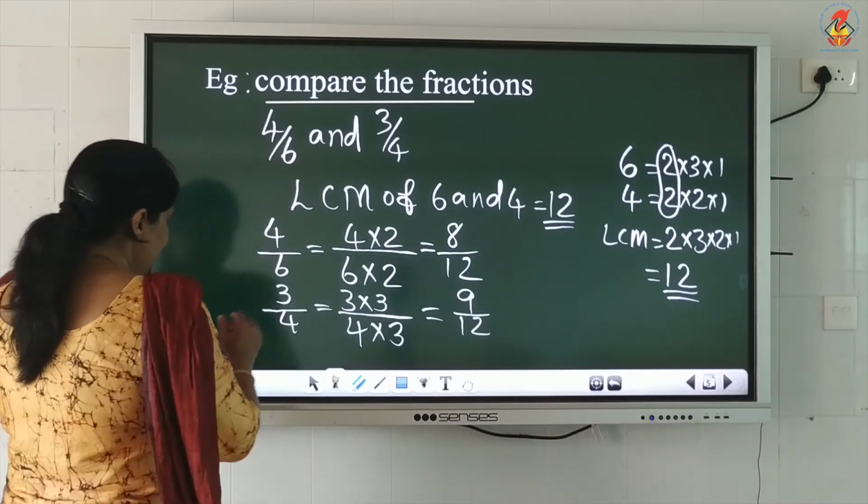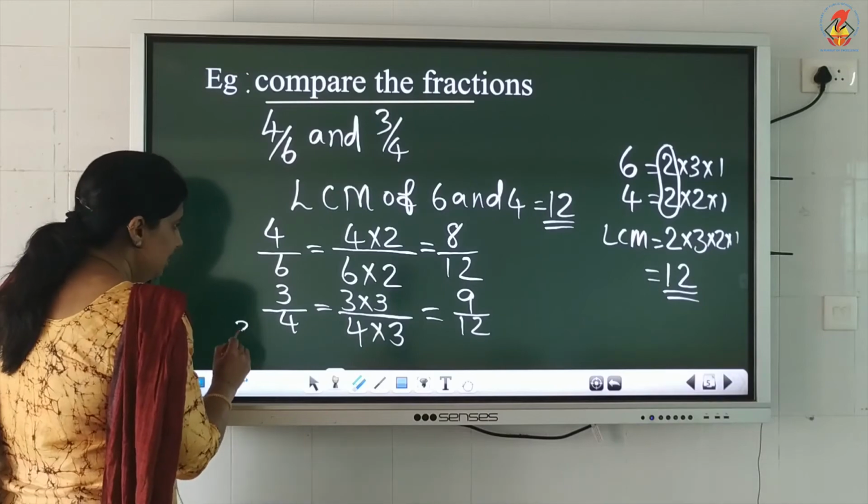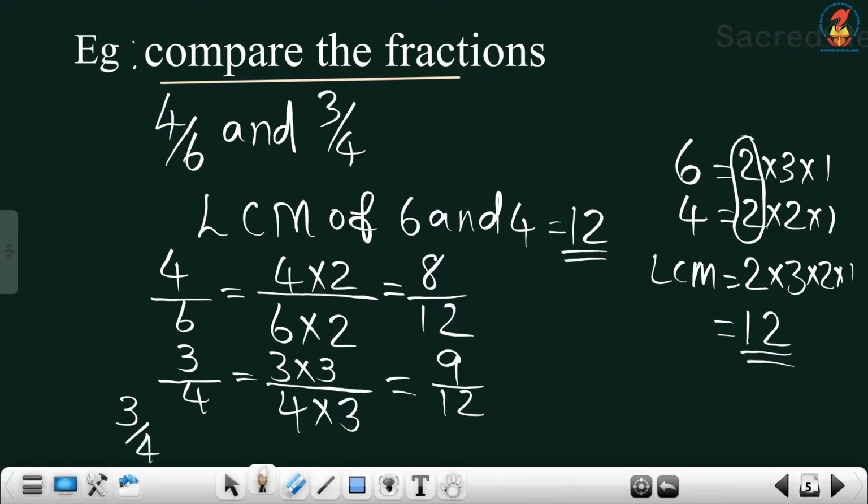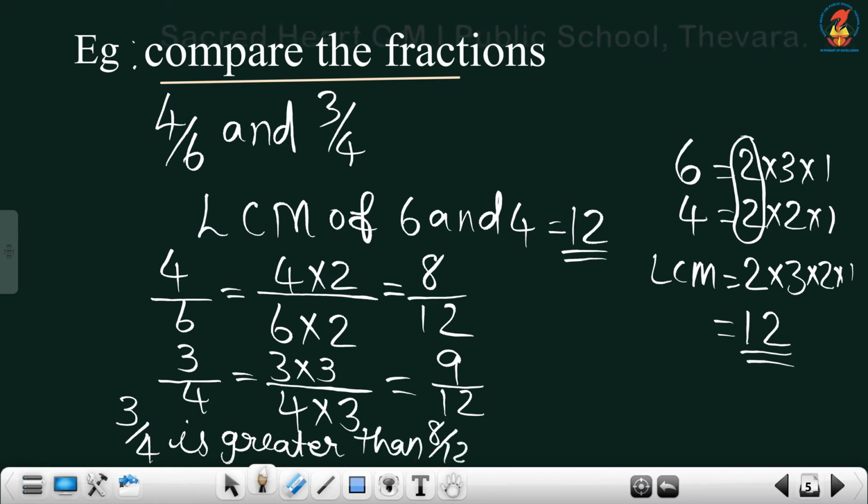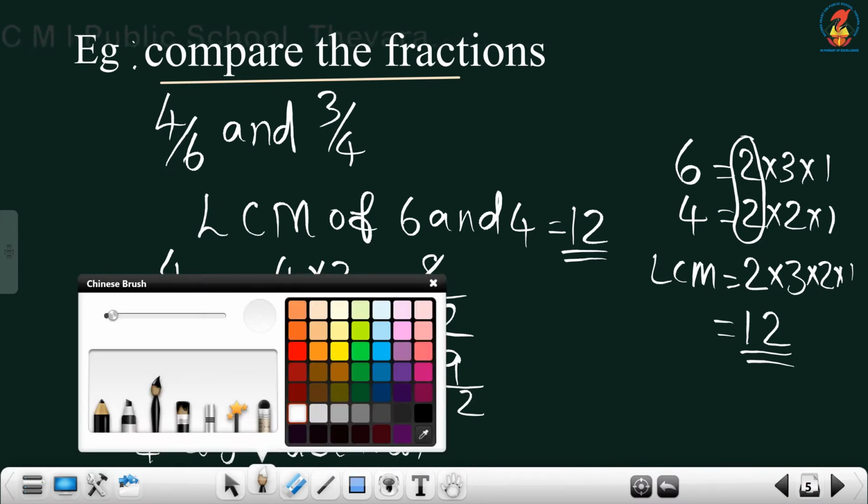And here we need to write 3 by 4 is greater than which fraction? 8 by 12, and 8 by 12 is which fraction? 4 by 6. We need to write here 4 by 6.